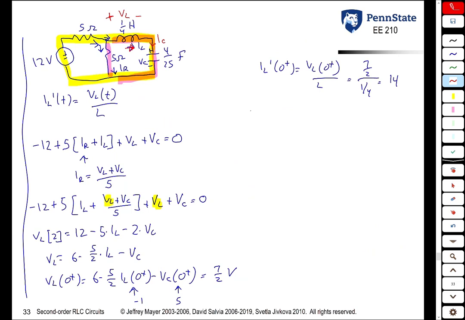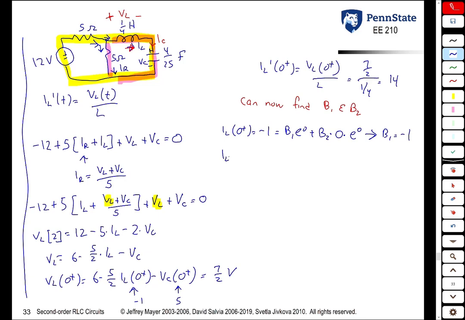So we can now get our B1 and B2 coefficients. Specifically, we know that IL of 0 plus, which is -1, should be B1 times e to the 0 plus B2 times 0 times e to the 0. So from this, we directly get that B1 is equal to -1.